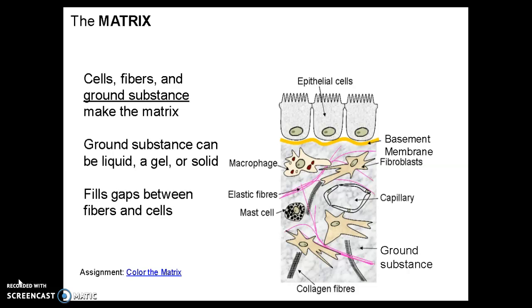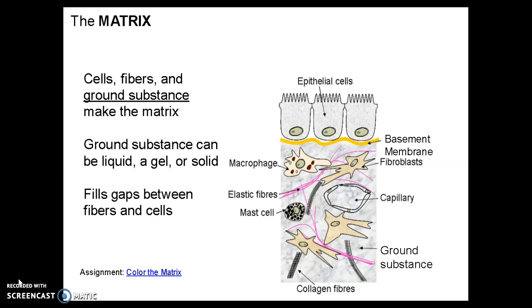It can be a liquid, a gel, so it's sort of in between a liquid and a solid, or a solid. Blood, for example, is a type of connective tissue that has a liquid ground substance. Bone is another type of connective tissue that has a solid ground substance. And this ground substance fills the gaps in between the fibers and the cells.